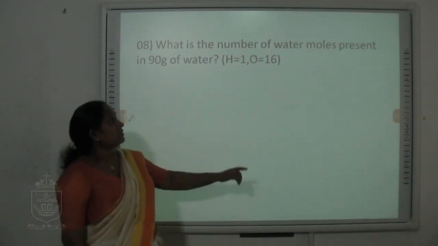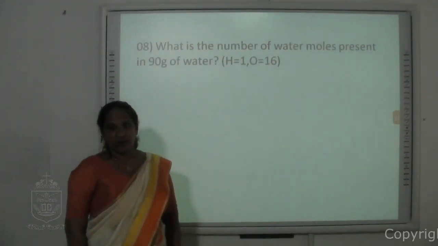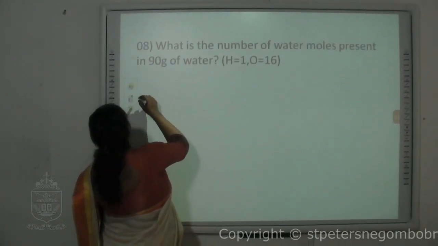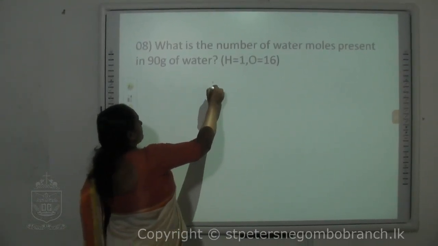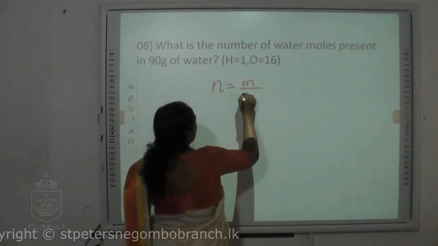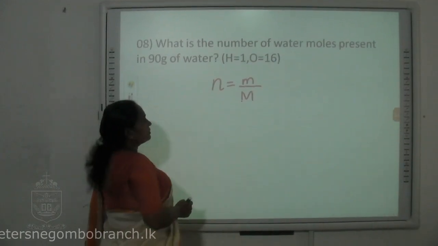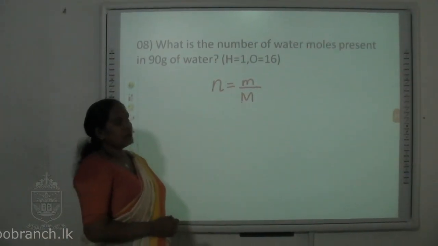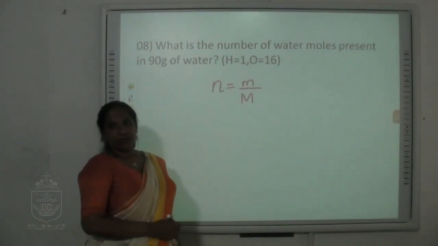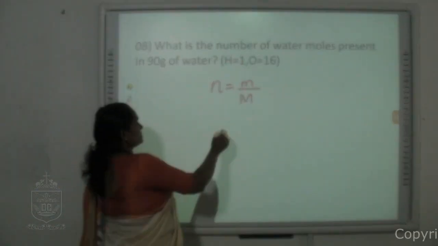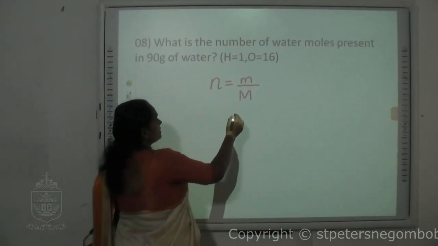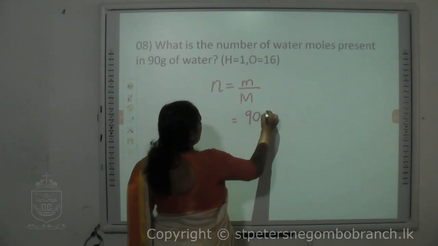We have to find the water moles, so use the same equation: n equals m divided by capital M. For this we need the molecular mass as well as the mass of the substance. The mass of the substance is already given as 90 grams.